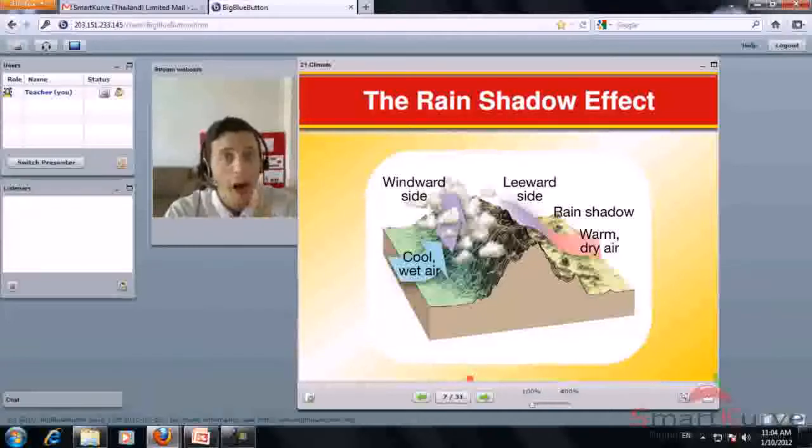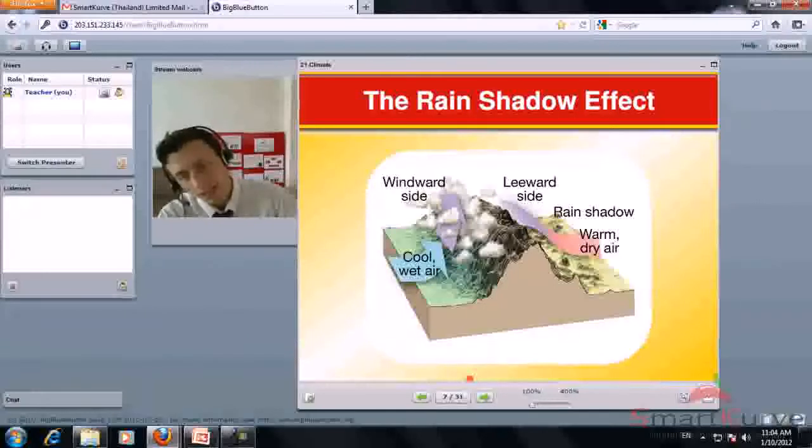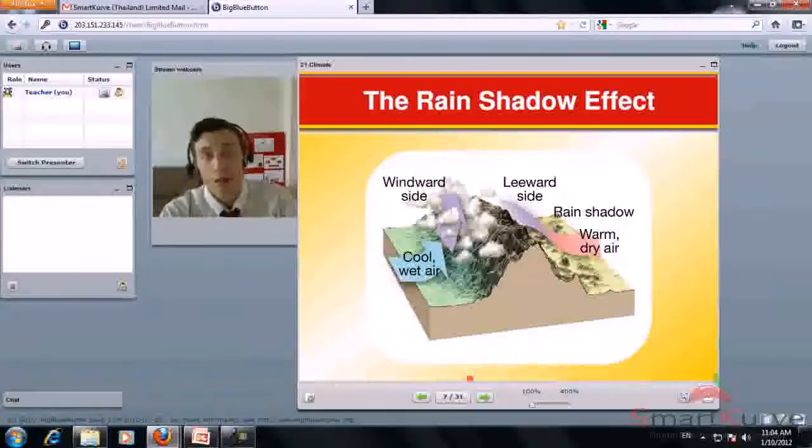Remember in our unit on weather when we learned about warm fronts and cold fronts, this mass of cool, wet air is going to hit that mountain range, and it's going to start to rise where it's going to become even cooler and condense. So that air that's very wet is going to bring a lot of rain.